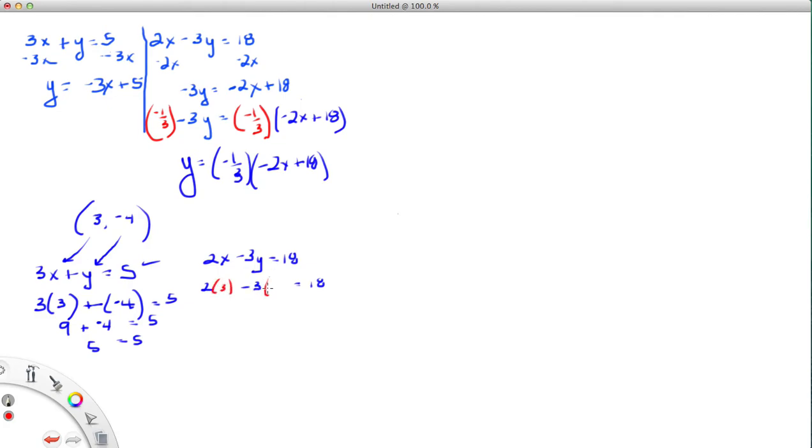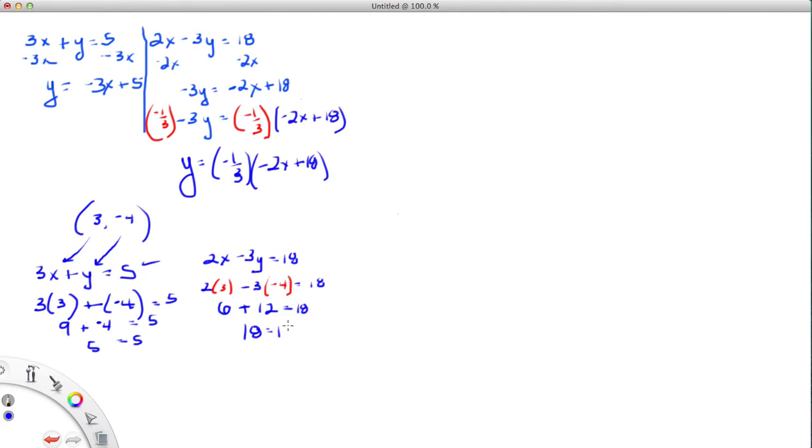I'm going to plug in a -4 for y. It's supposed to equal 18. So 2 times 3 is 6. And then -3 times -4. Negative times a negative is a positive. That's 12. 6 plus 12 equals 18. And that's what it's supposed to equal, 18.